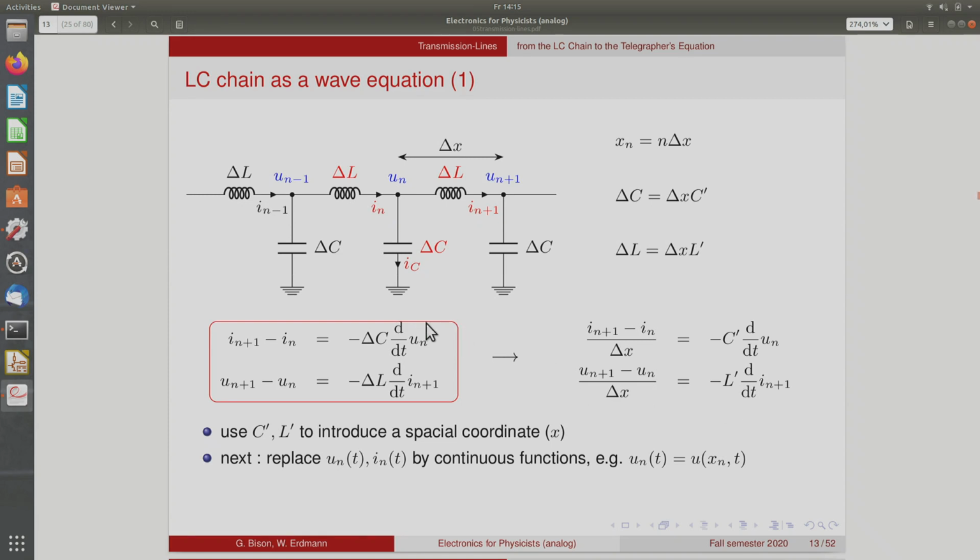So this is the same equation that we had. Now we replace again delta C by delta x times C prime and divide by delta x, and then this gives us the difference of the currents divided by delta x on the right hand side minus C prime times the time derivative of the voltage in this node, and then similar for the second equation.